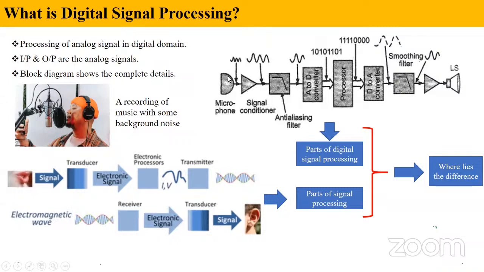The microphone is the input, and at the intermediate stage you can find components like the signal conditioner, anti-aliasing filter, and the A to D converter, that is, the analog to digital converter. After that the digital signal is passed to the DSP processor, and it can be processed in binary form. And after that, to get the analog signal again, a D to A converter, meaning digital to analog converter, is required.